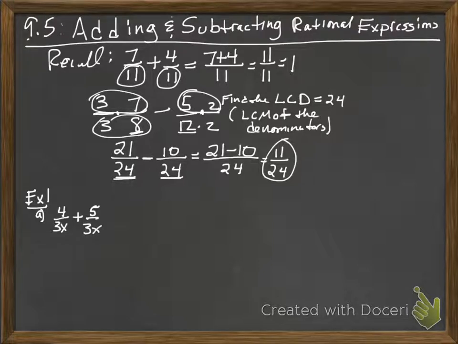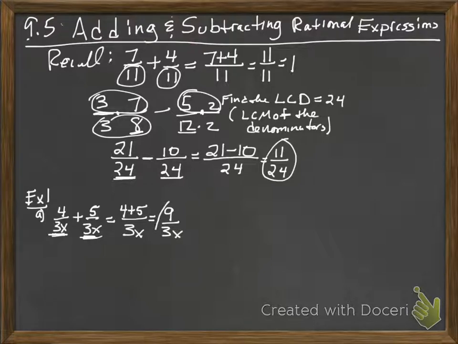Now, you might realize right now why this is one of the easier examples, and that's because we're adding two fractions and they already have like denominators of 3x. So what that means is I can just keep the common denominator 3x and combine 4 plus 5 in the same numerator, and 4 plus 5 of course is 9, and I'd have 9 over 3x.